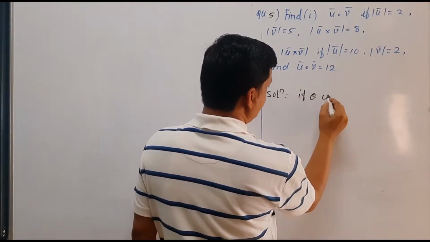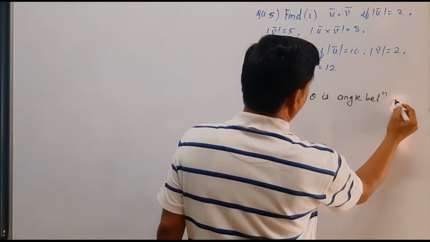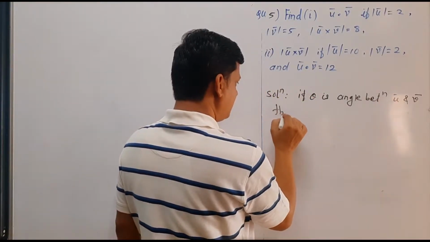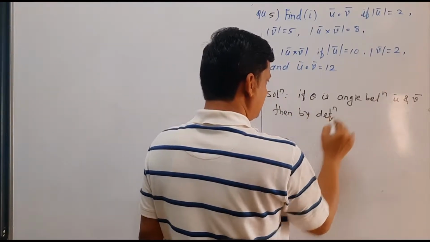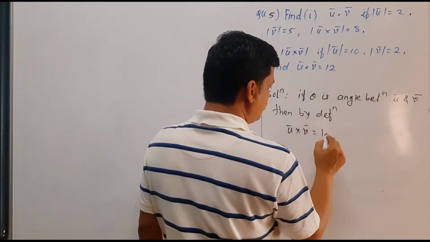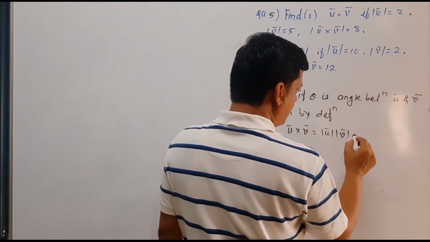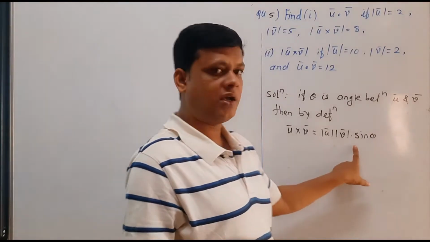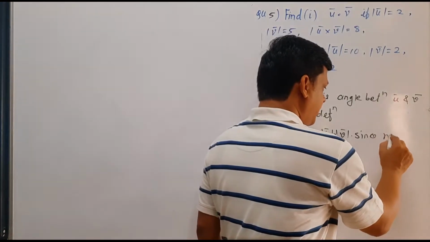If theta is the angle between u bar and v bar, then by definition u bar cross v bar is equal to magnitude of u bar into magnitude of v bar into sine of the angle between them, sin theta, into n cap.